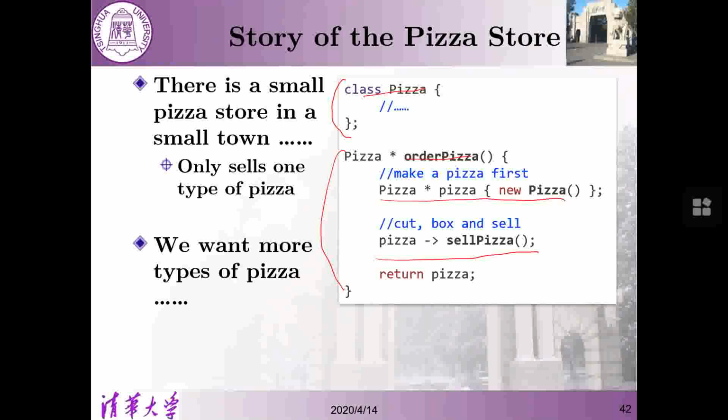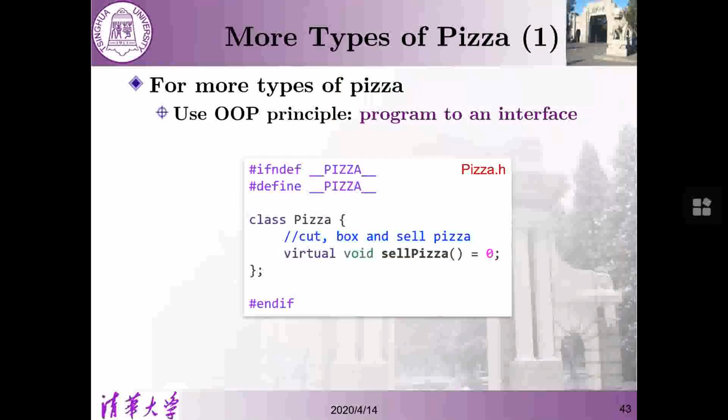However, the pizza store grows larger and larger, and they want to sell more types of pizza. How do we do that? Because we have learned the key design principle, program to an interface, we think of designing a class hierarchy. We have this interface class Pizza, and in Pizza we have sellPizza.